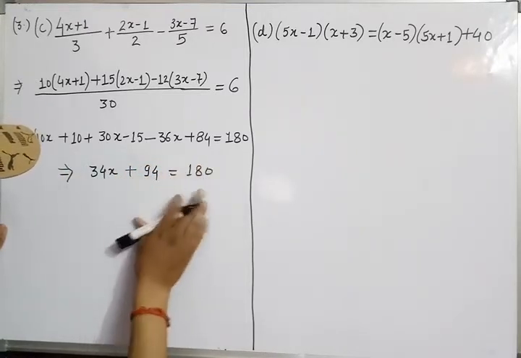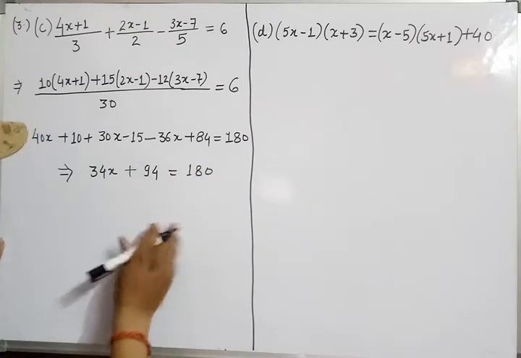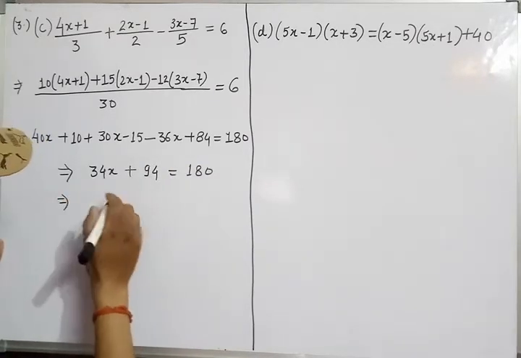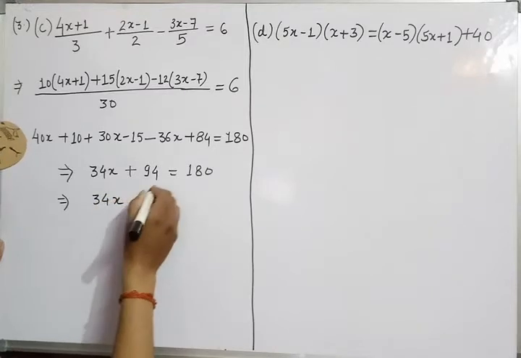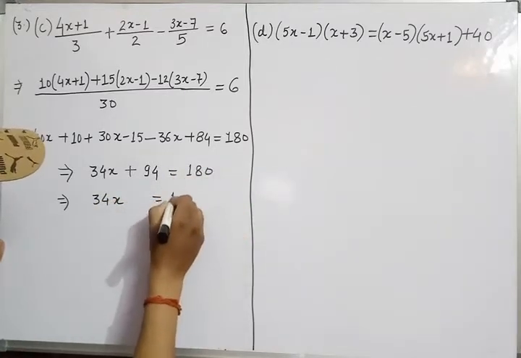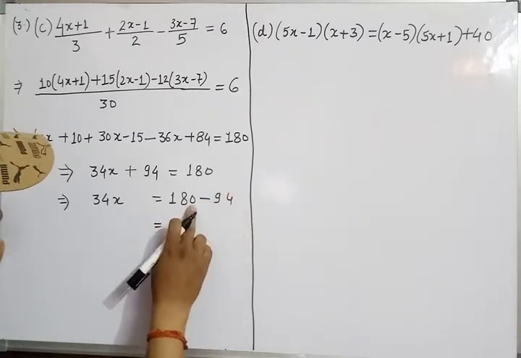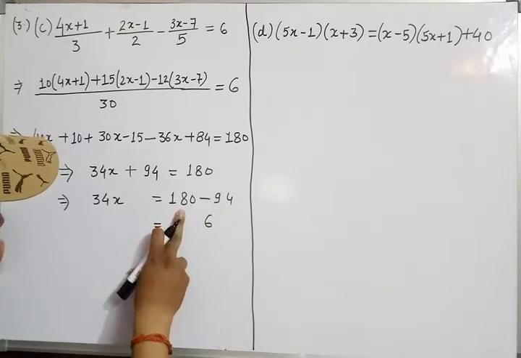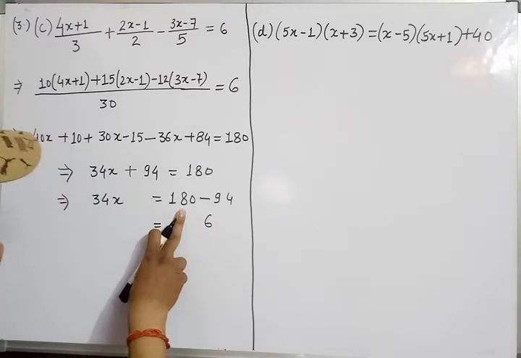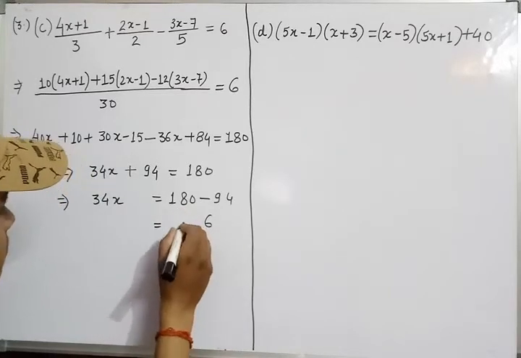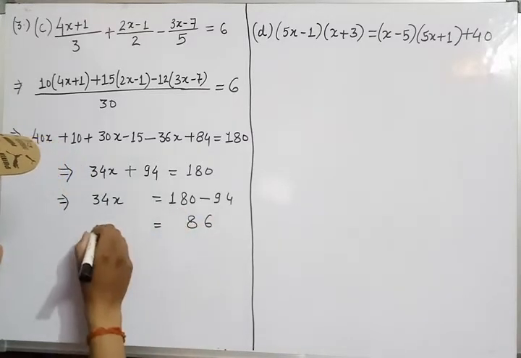Now we have to apply that transposition method. So we have to shift 94 to RHS, then we can write 180 minus 94, which is 86.